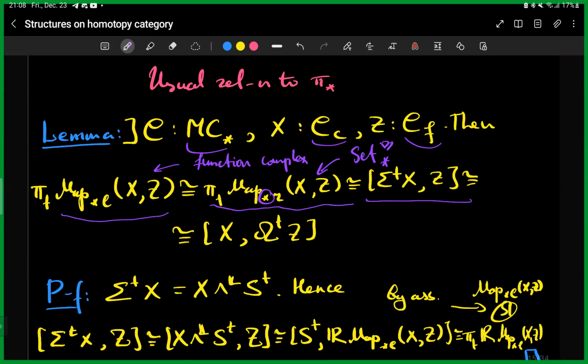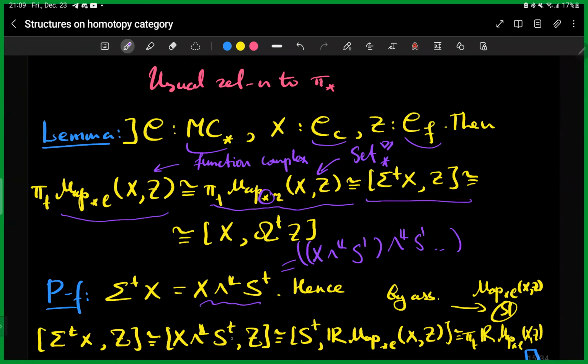So how do we prove this? Well, we just use the associativity of the smash product, meaning that we can take the product many times, and in the end, it is the same as taking the smash product inside of simplicial sets on one side, and this gives us ST. And the rest is just an application of tensor hom adjunction, basically.